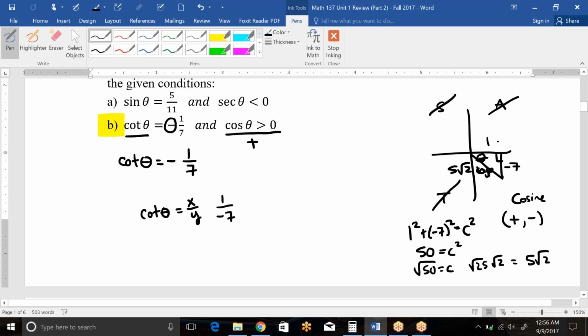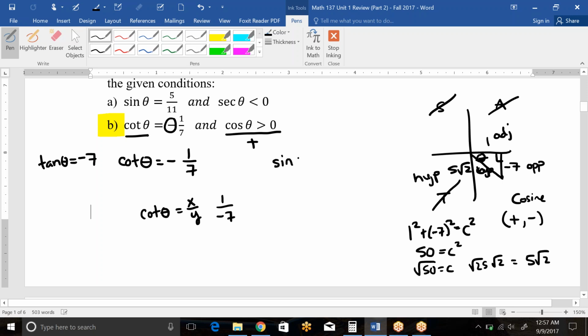So in terms of my theta, -7 is opposite to it, 1 is adjacent to it, and 5 square root of 2 is the hypotenuse. So we're supposed to find the remaining trig functions. Now I already knew tangent, because if you have cotangent, tangent's just the reciprocal of that. That's -7 over 1, so it's just -7. But we need to find the other 4.